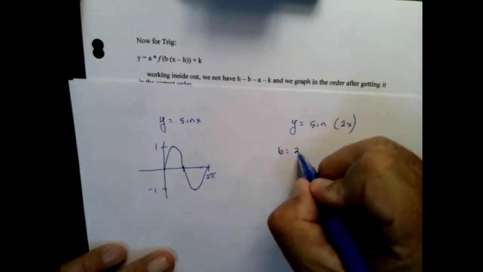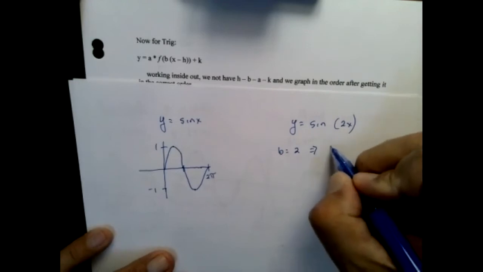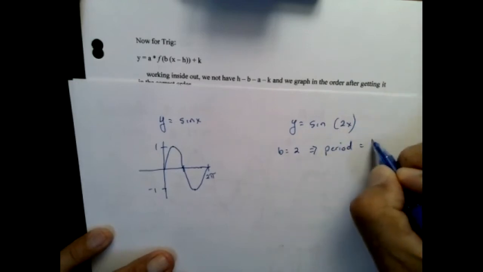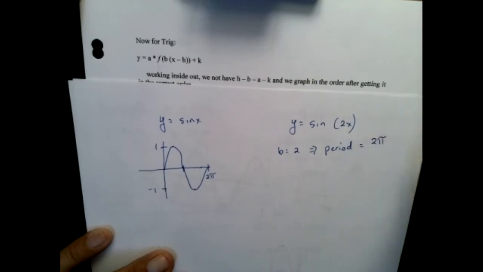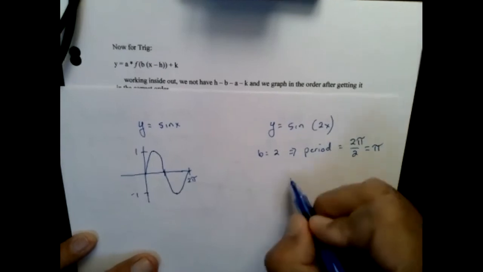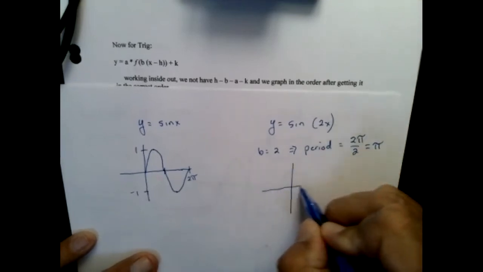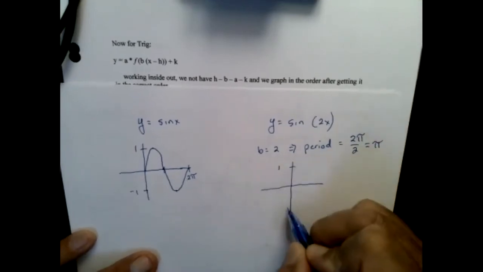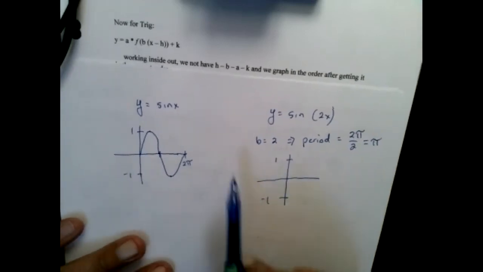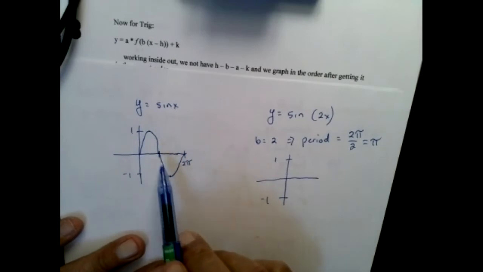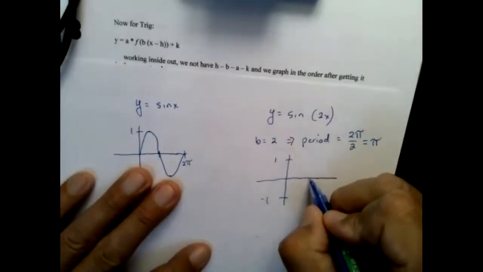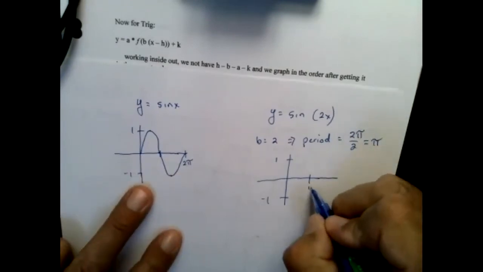B equals 2. That implies the period equals 2 pi, which is the normal period, divided by 2, which equals pi. That means when I graph this, I'm still going as high as 1 and as low as -1. But instead of being stretched out over 2 pi, I now need to do this within pi.